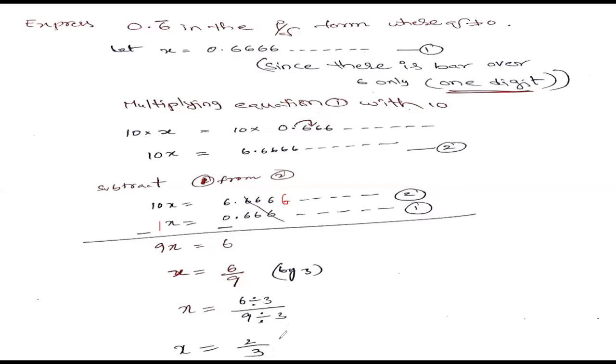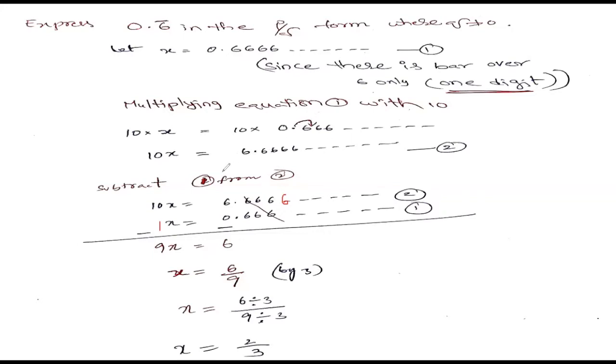Could you explain once again? Where are you now? Here, 10 into x is equal to 6.666. Is it clear? Here only one thing: multiplied by 10 means the decimal point will move here.